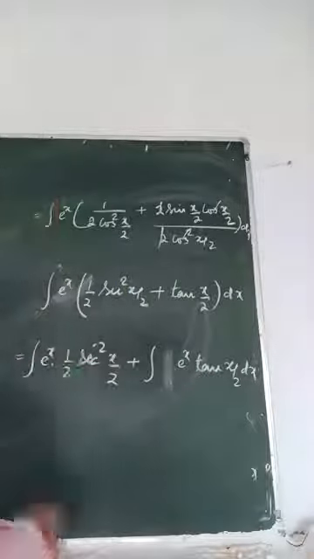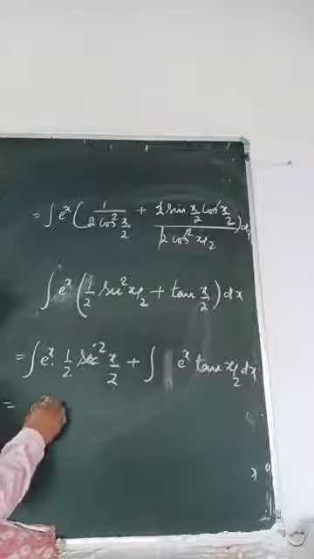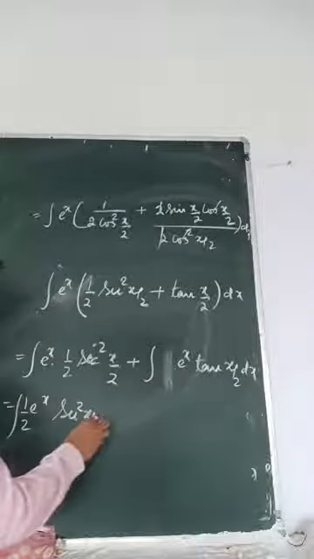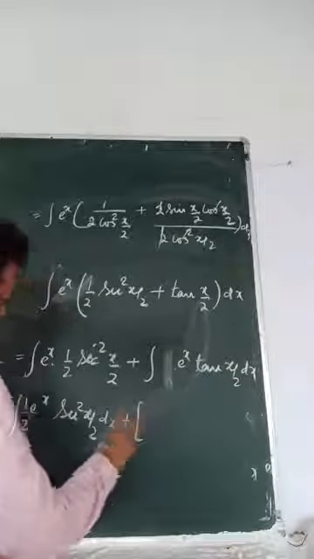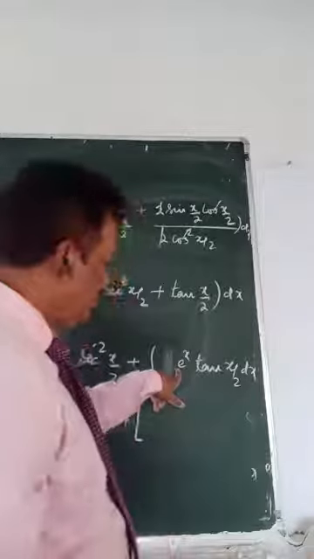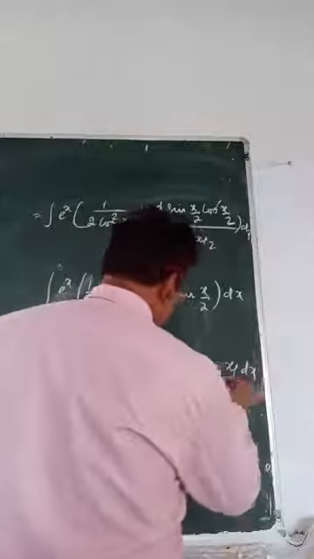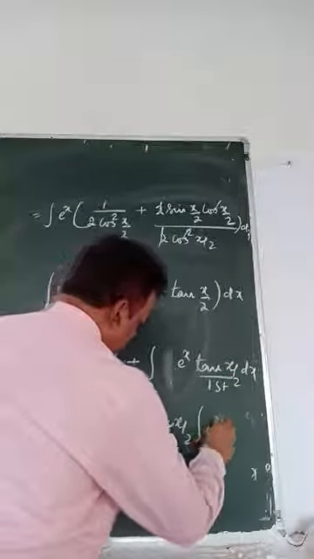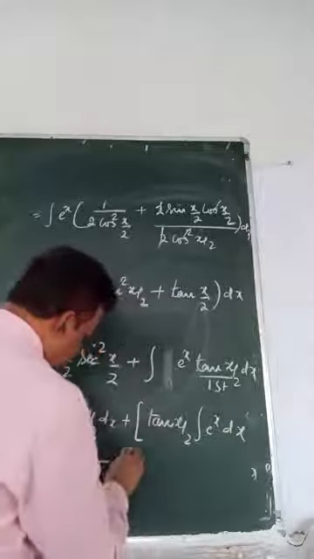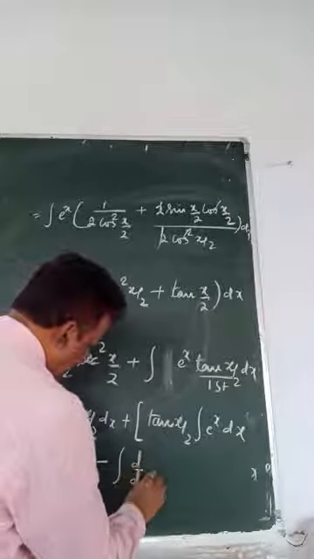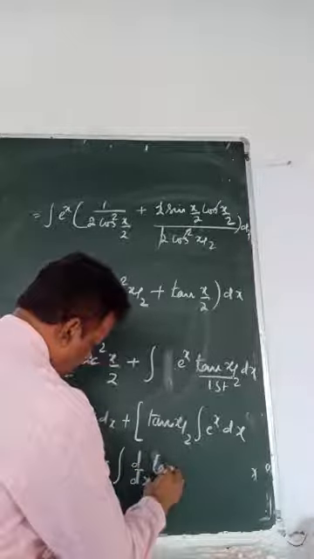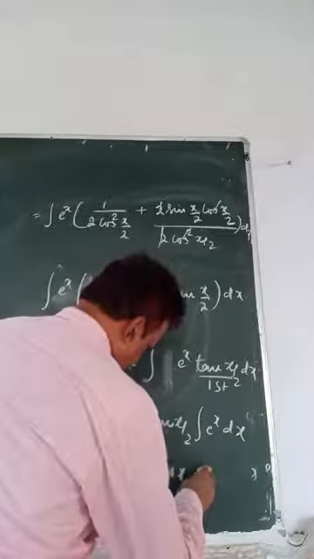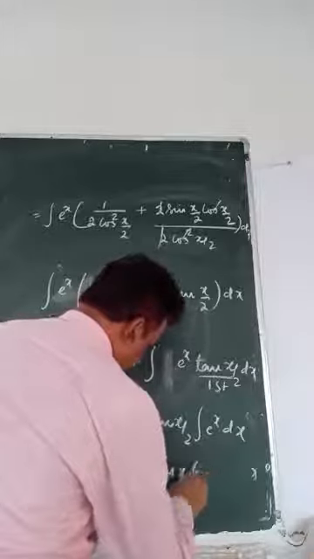So let's keep it like this: e to the power x, half sec square x by 2. As usual method, this is the last, so this is your first function. First function, integration of second, minus integration of derivative of first, integration of second.